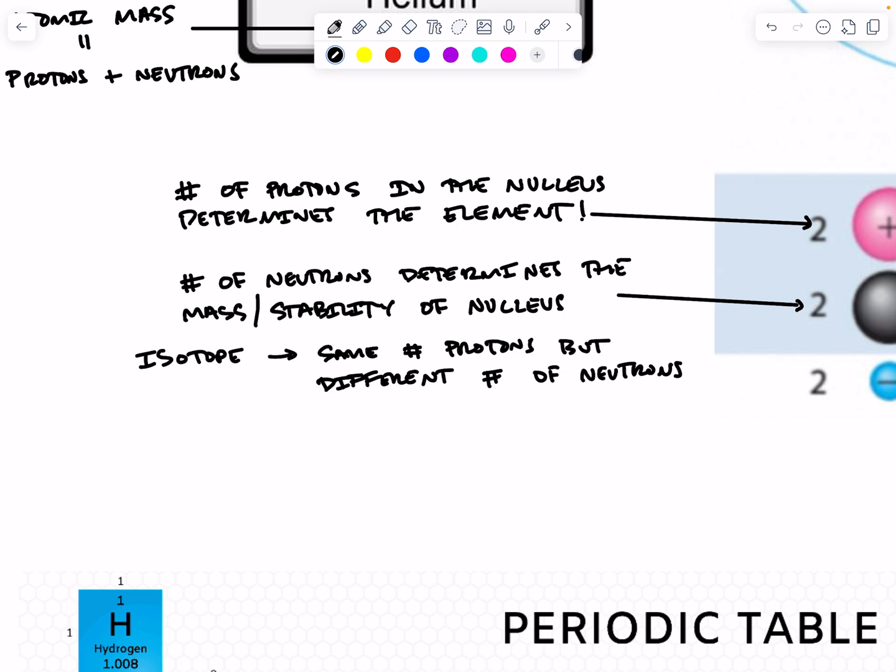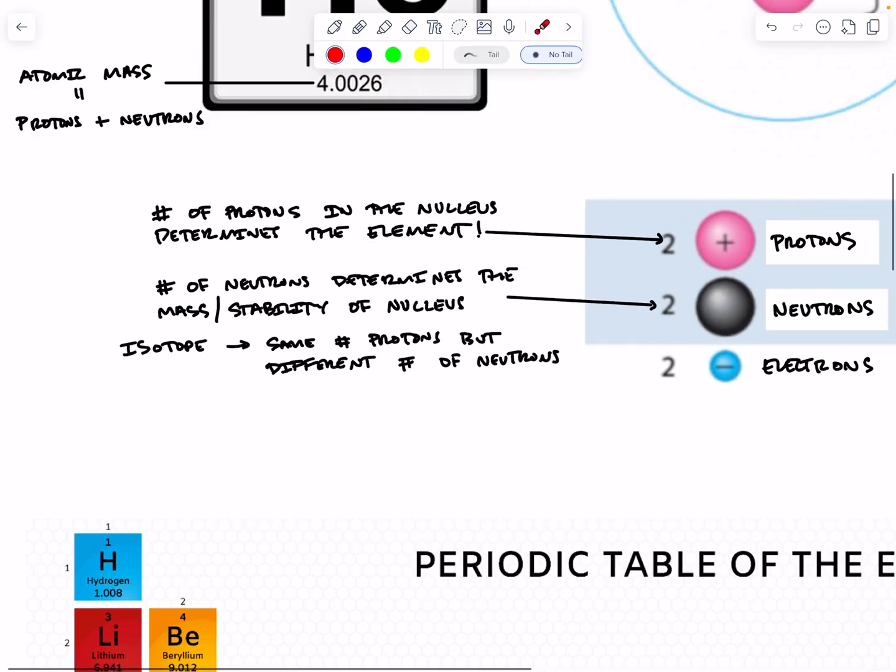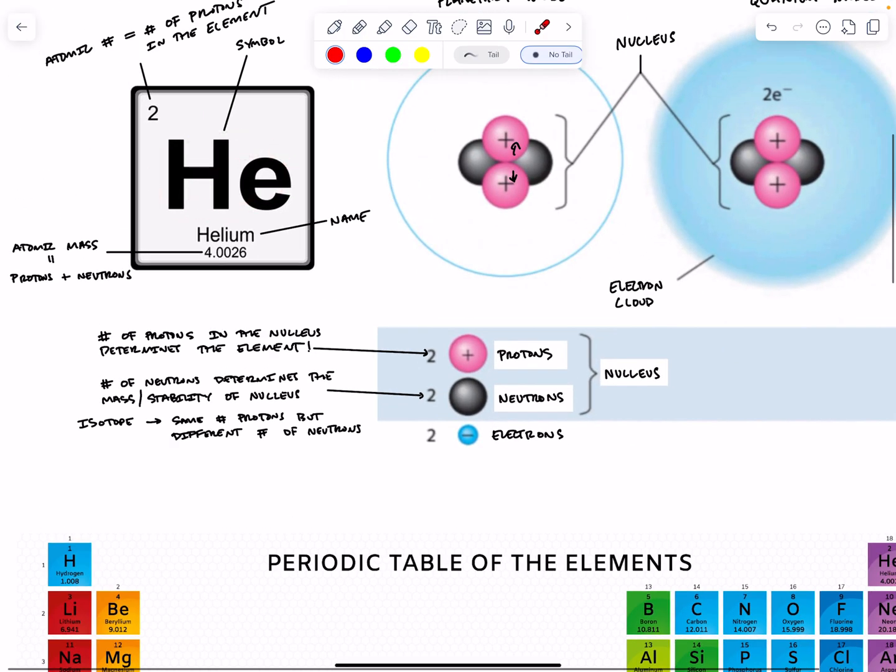So it's the same element, but with a different number of neutrons. There are a couple different isotopes of helium. The 2 stable versions of helium are this, which is helium-4, which has 4 particles in the nucleus, but helium-3 is also stable. It has 2 protons and 1 neutron.